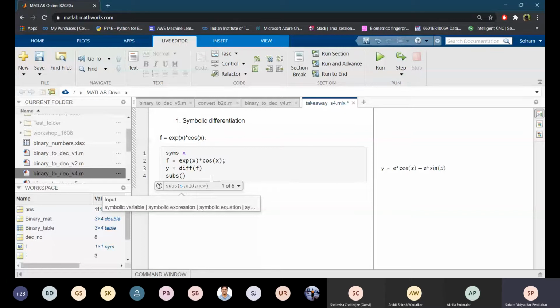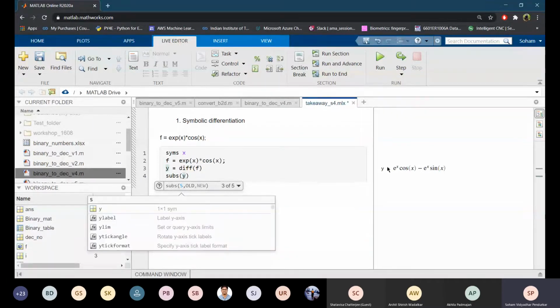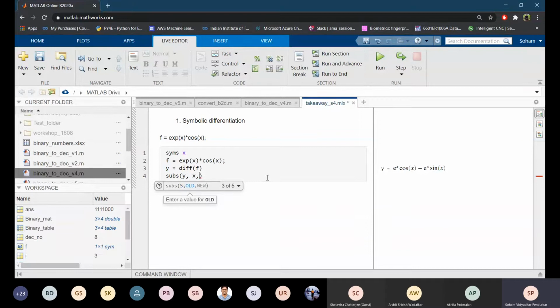I want to substitute in y, because this is the relation. What do you want to substitute with? I want to substitute x with, let's say, 3. This is the substitution syntax: the first argument is what you want to substitute in, the next is the variable you are trying to substitute, and the last argument is the value you want to substitute with.